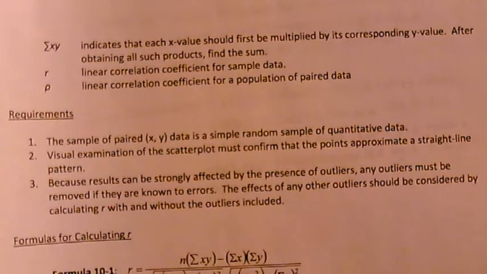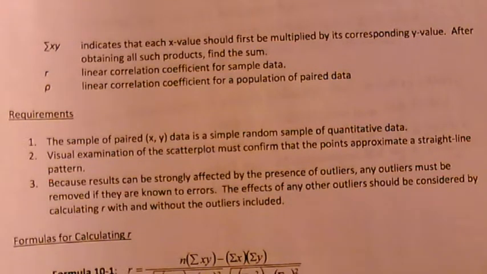Number 2, visual examination of the scatter plot must confirm that the points approximate a straight line pattern. We'll also be looking at how to construct a scatter plot, because it can help us determine whether or not those points approximate a straight line.